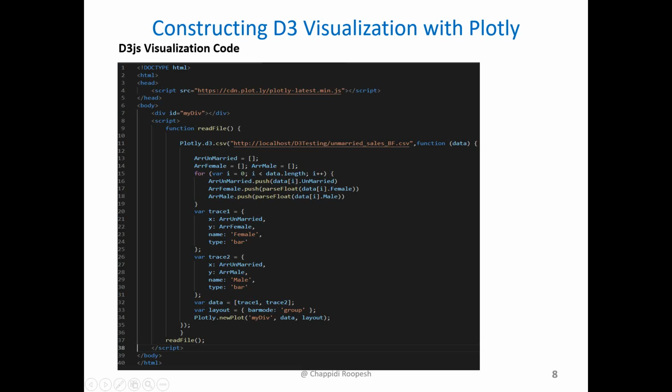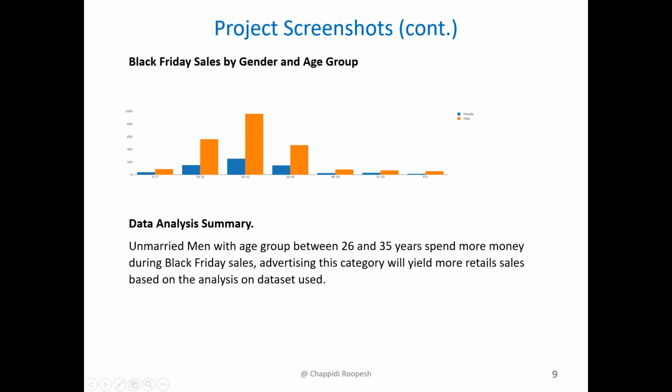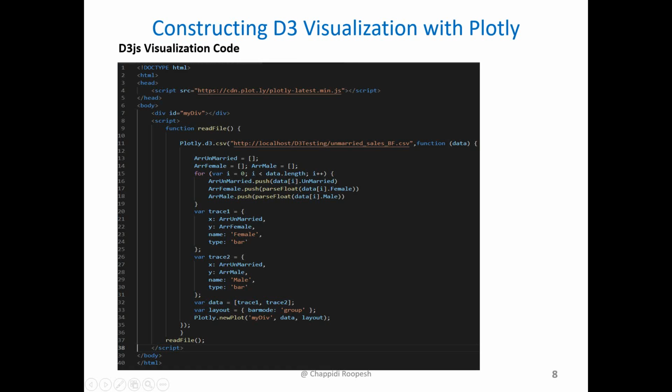In this piece of code, we push all the data for unmarried to the unmarried array, female to the female array, and male to the male array. Then you do a trace of female, then a trace of male, then you push that into a new plot.